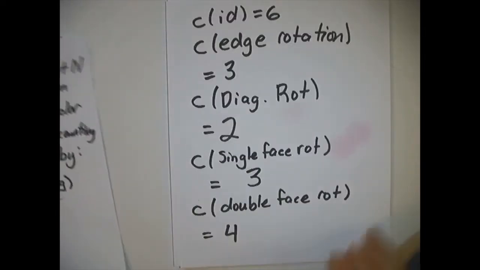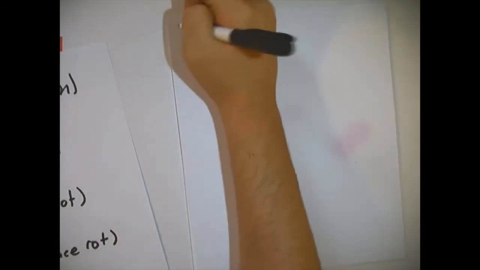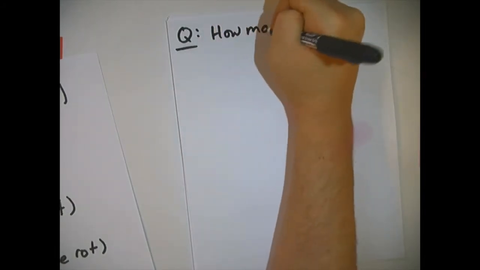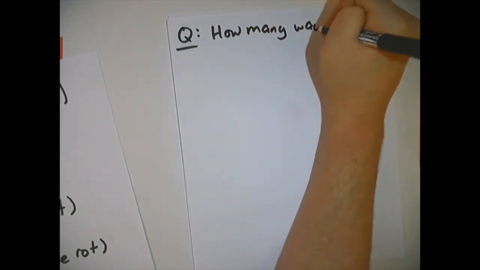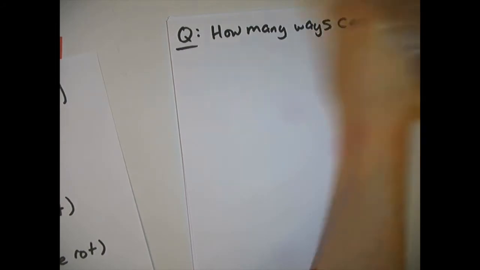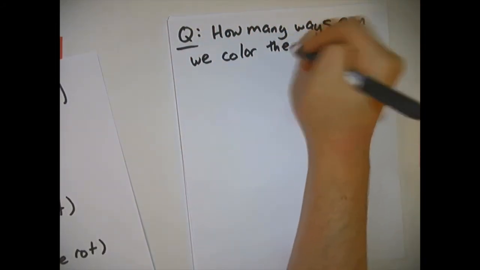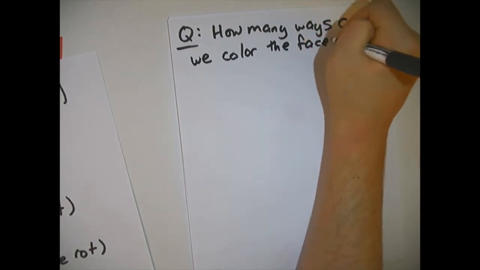So I want to do that, and so I'm going to actually answer the question here, how many ways are there to color a cube in M colors? So I'm not going to specify the number of colors in advance. And then once I've done that, then we can go ahead and calculate it for, say, 2 and 3 colors. So how many ways do we color the faces of a cube in M colors?